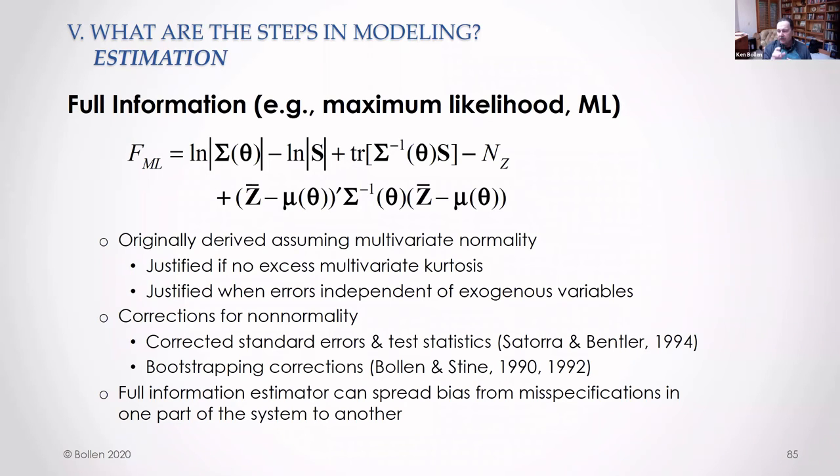The problem with that is that if there is a flaw in one part of the system, that could contaminate even perfectly fine parts in other equations in that model. So there's potential of spreading error from one part of the system into another part of the system. That's a disadvantage of this full information approach, full information maximum likelihood.